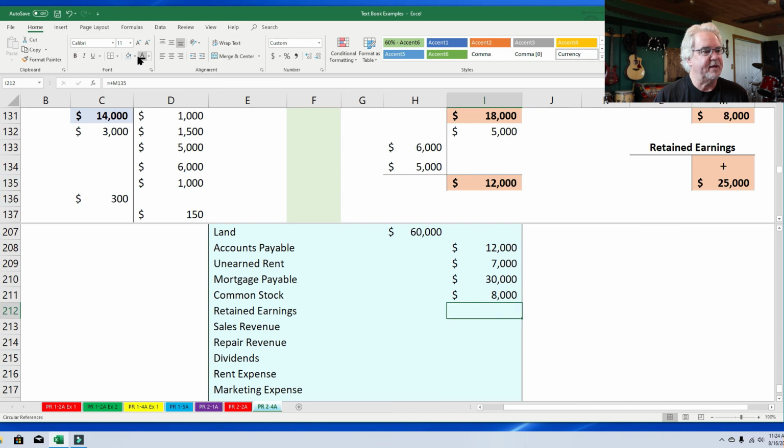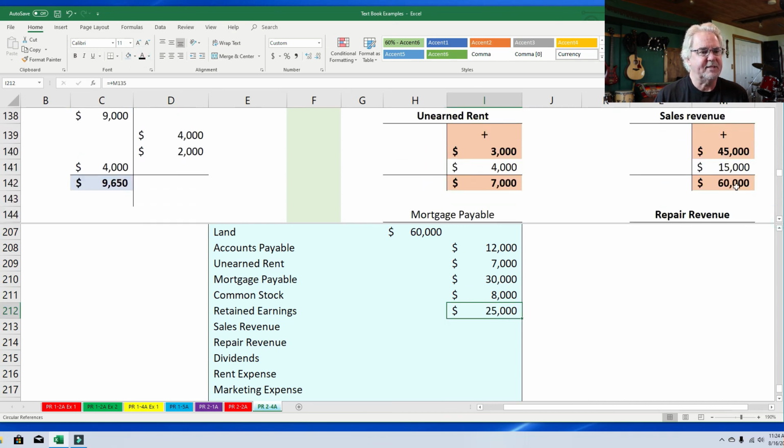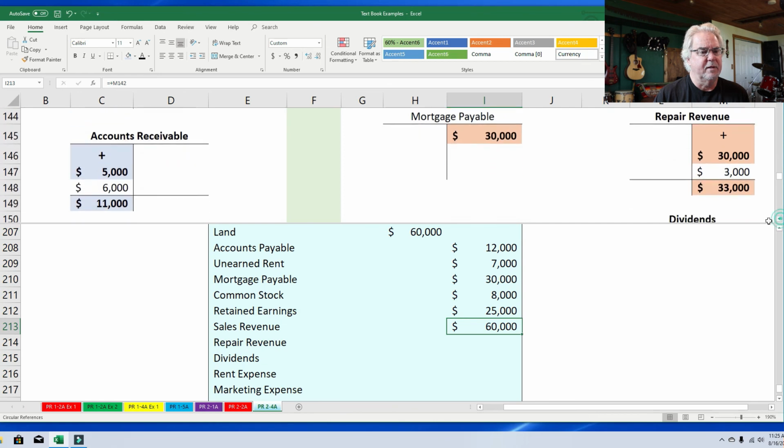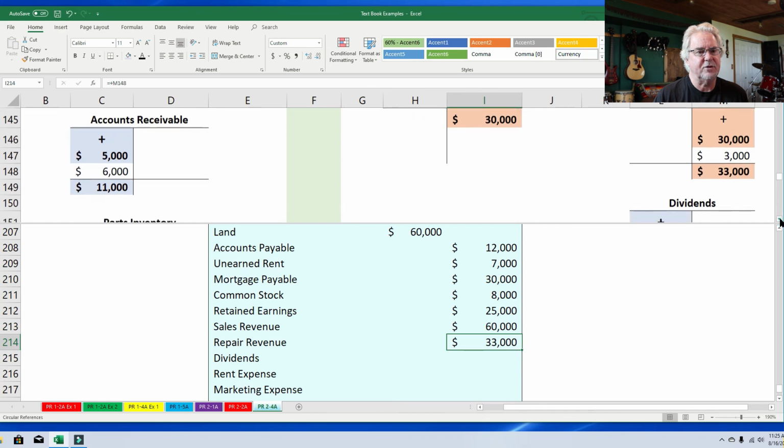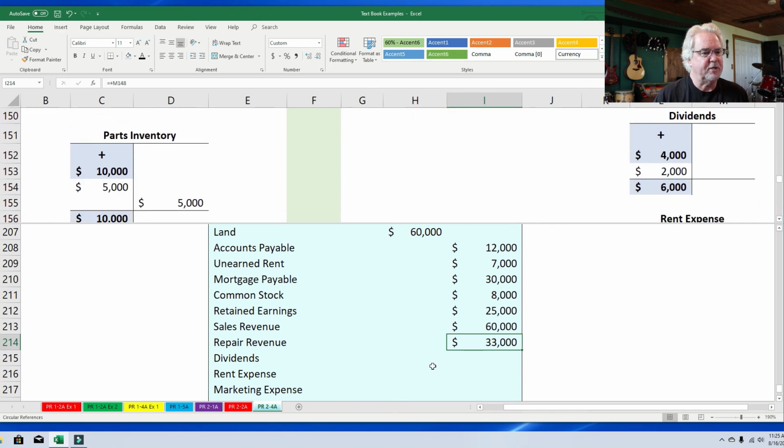Come down to the sales revenue. Sales revenue, 60,000. Repair revenue, 33,000 on the right-hand side. Now dividends. Dividends are on the left. Make sure it goes on the left, folks.